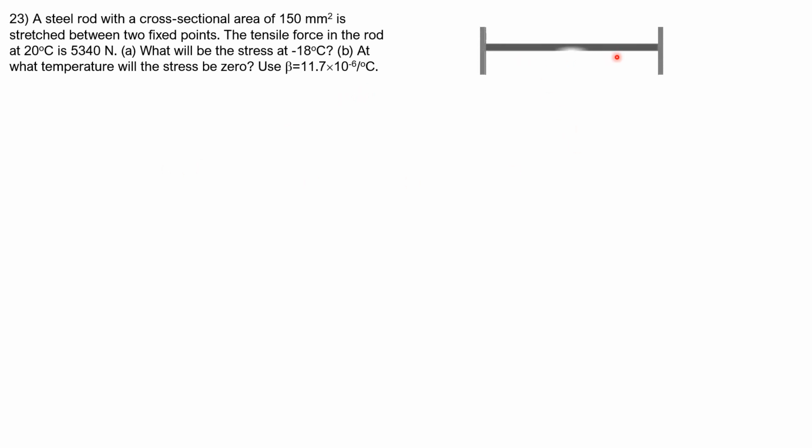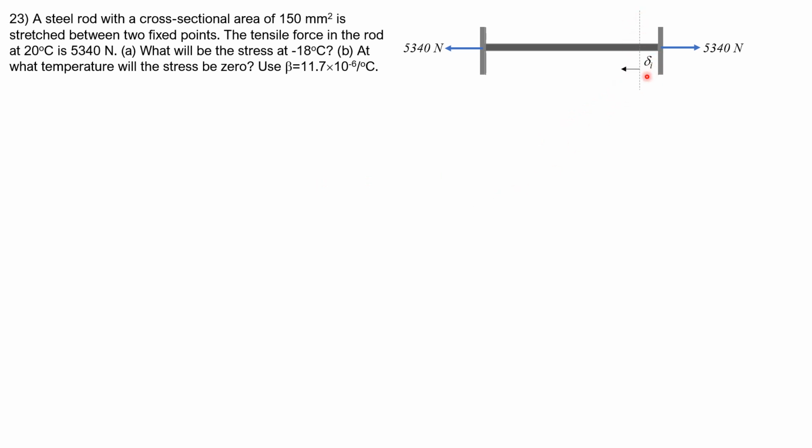So this is the figure. Of course, initially at 20 degrees Celsius, this is subjected to 5,340 newtons. So if it contracts, then the stress will increase further. So it's still tension. So first, that's the force. Then we can compute the initial stress. So imagine that this is the deflection initially.